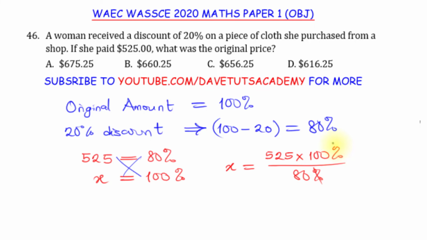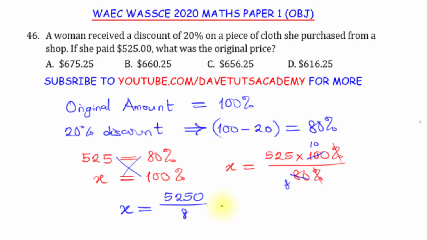So percentages will cut out, and then I can also knock out 10: 10 here is 8, 10 here is 10. So our x, the value of x, which is the original price, will be 5,250 over 8.